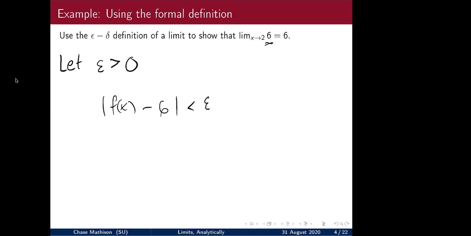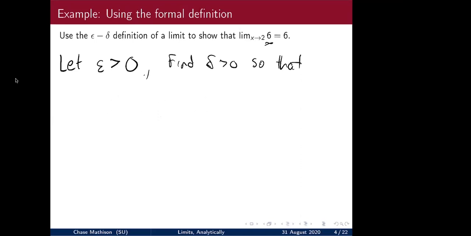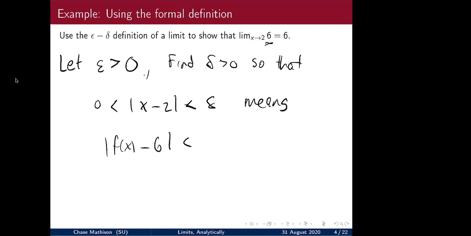If we can find a delta greater than 0 so that 0 less than the absolute value of x minus 2 less than delta means that the absolute value of f of x minus 6 is less than epsilon.